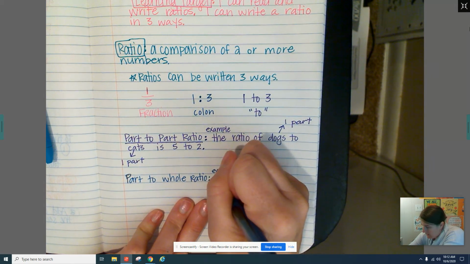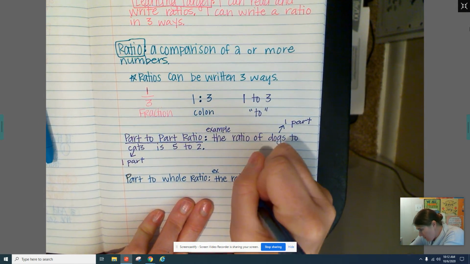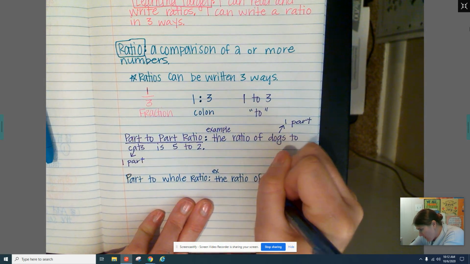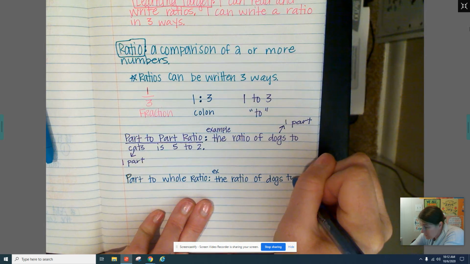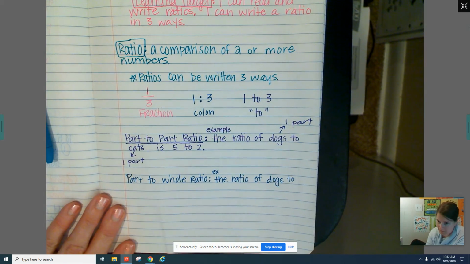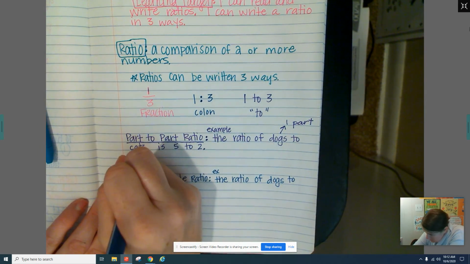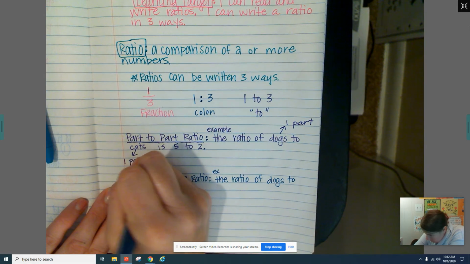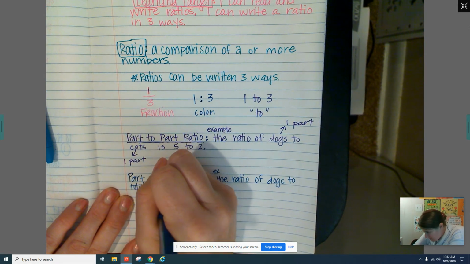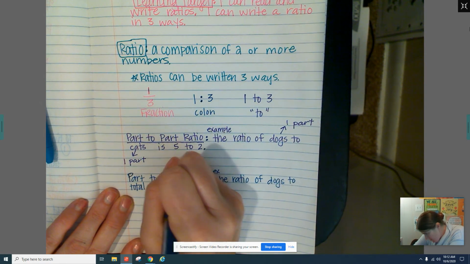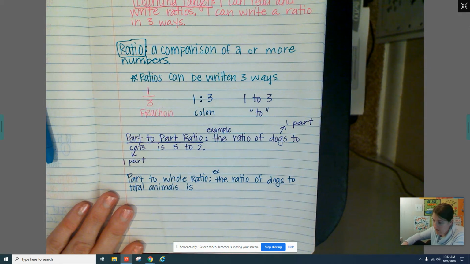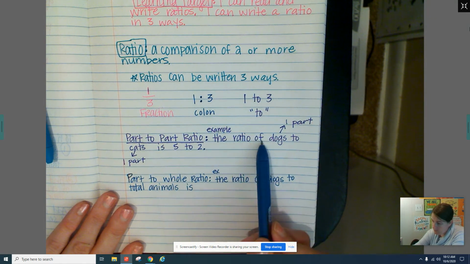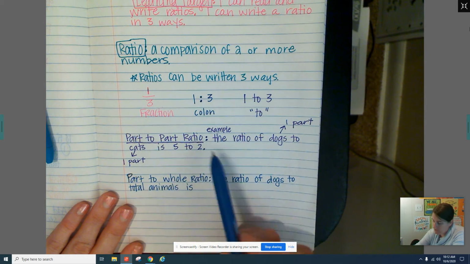Let me show you the example of that. Example would be the ratio of dogs to, wait for it, what do you think? Total animals. Let's use our numbers from above. Up here we said the ratio of dogs to cats is 5 to 2.